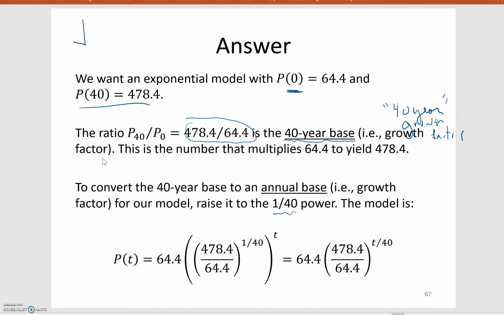Take 478.4 over 64.4, raise that to the 1/40th, and all of this in here is now b. Zooming out, we have initial value times b raised to the t, which is the form of the exponential function. That's what you see right here.